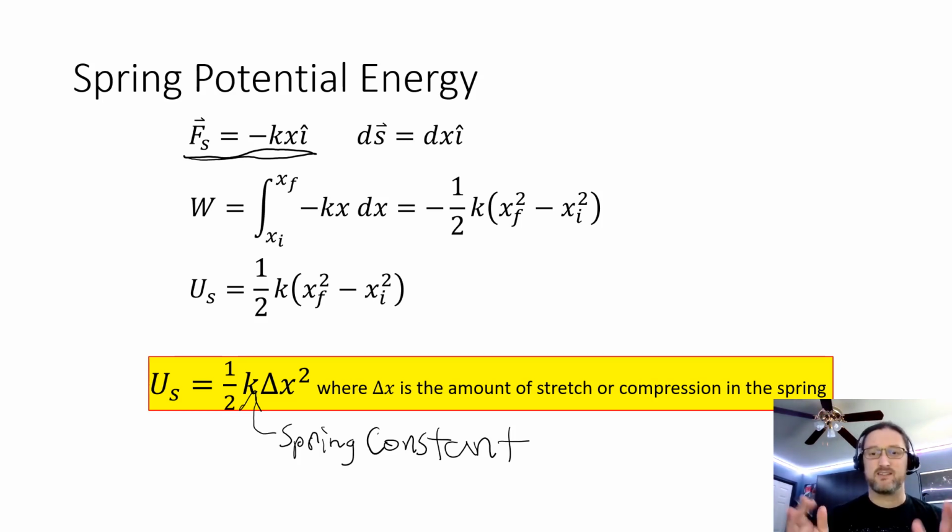When delta x is 0, that's if you just took the spring and set it on the table. You're not squishing it, you're not stretching it. It's completely relaxed. A completely relaxed spring has 0 stretch or compression, and therefore has 0 spring potential energy. If I squish it, compress it, I get positive amounts of spring potential energy. If I stretch it, I still get positive amounts because I'm squaring that amount of stretch or compression.